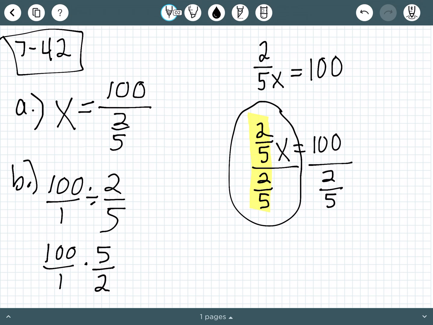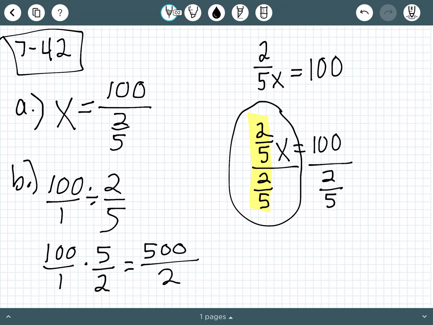Now that I'm multiplying, I just multiply straight across, and I get 500 on the top, 2 on the bottom, which remember is what we had in the last problem. So that's one way that we could figure out how many 2/5 are in 100.